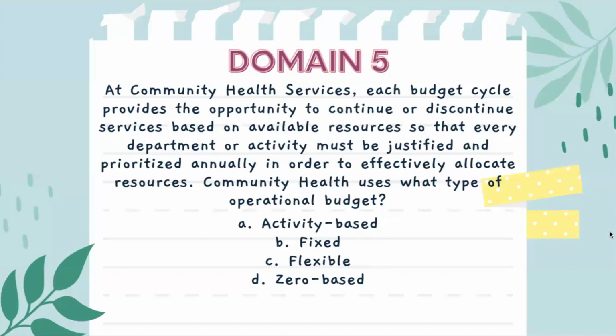We've gone through all the different definitions, right? We have activity-based, where the budget is set based on the activities that are happening within the organization. We have fixed budgeting, where no matter what happens, there's going to be this predetermined amount that will be used, and whether or not the activity requires that money, it has been set aside for that purpose.